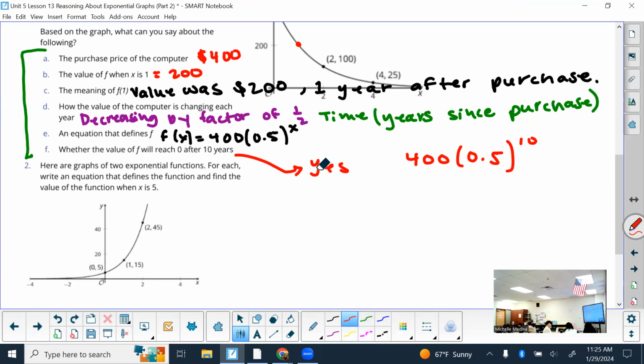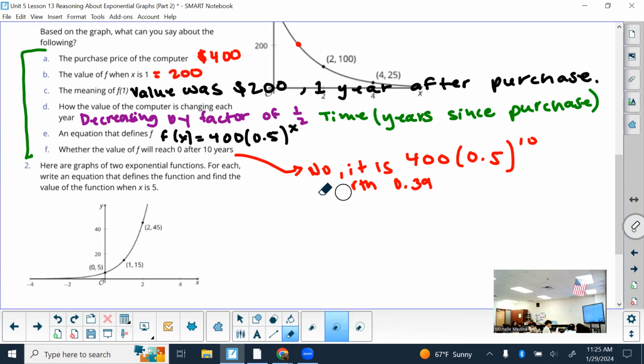But technically the answer is no when we do the plugging into the formula. So you could say no. It is worth $0.39, which is not 0. But yes, so good exercise.